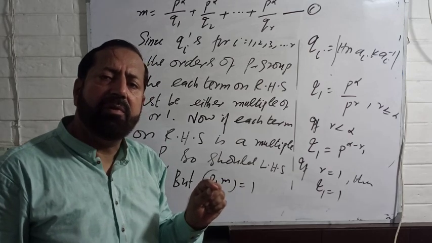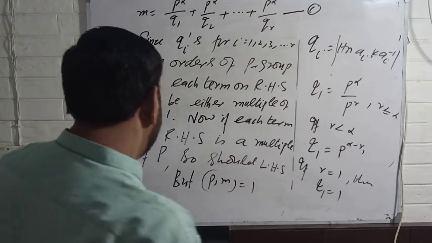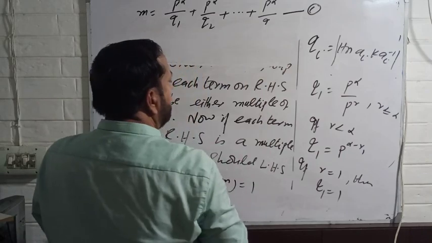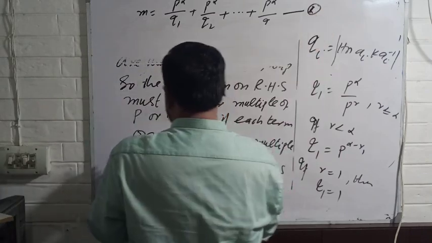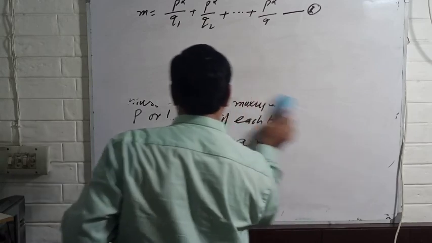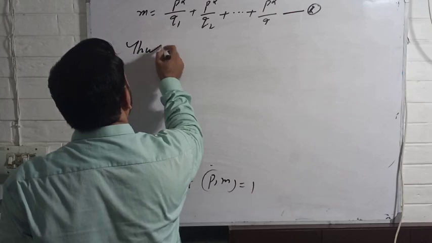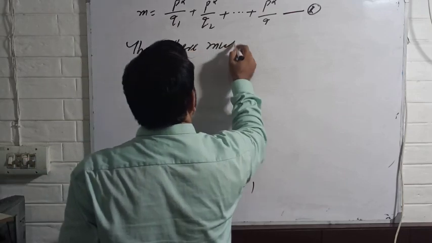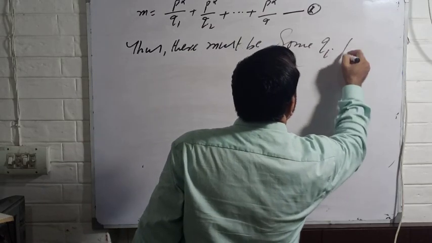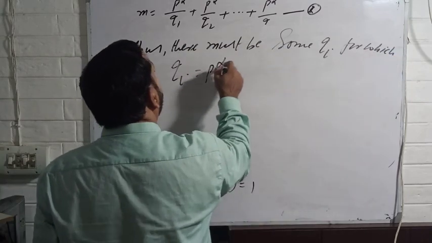Qi for which Qi is equal to P power alpha. Thus there must be, this is say number 2, thus there must be some Qi for which Qi is equal to P power alpha.